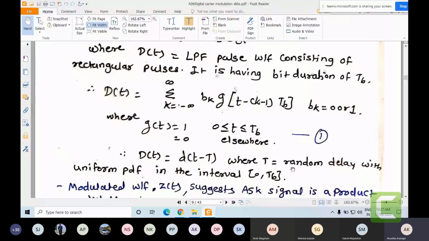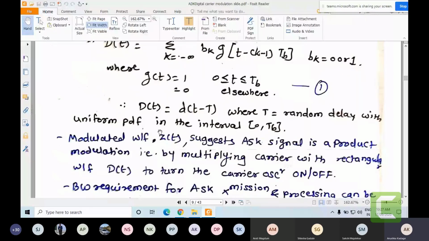And that's why, as earlier I have said, ZT, which is a modulated output waveform, is seen to be a product modulation output, and it is obtained by multiplying the carrier, a cos of omega ct signal, with dt signal, and dt is nothing but a rectangular pulses waveform.